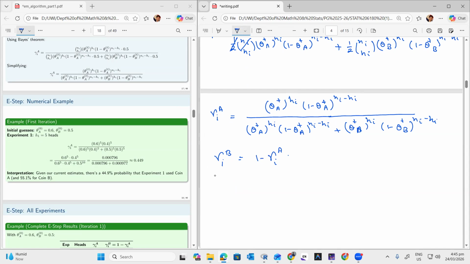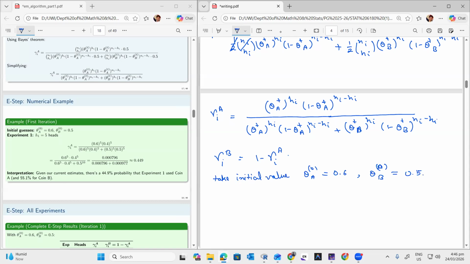So we will take an initial guess: theta A at iteration 0 is 0.6. Assume that one; you are free to choose the value. You don't need to worry about that, but it should be in the range between 0 and 1. And theta B at iteration 0 is supposed to be 0.5.